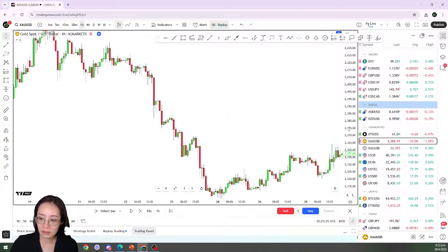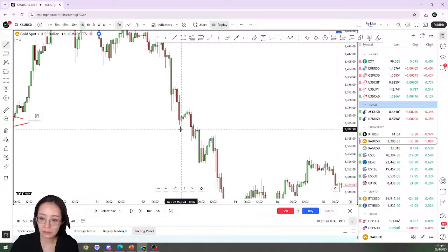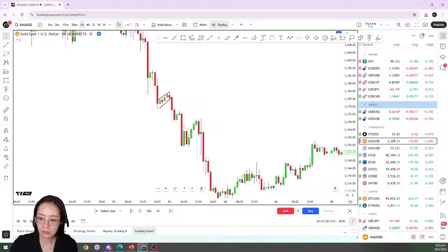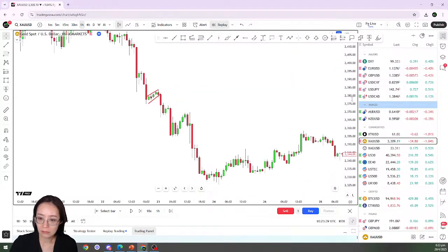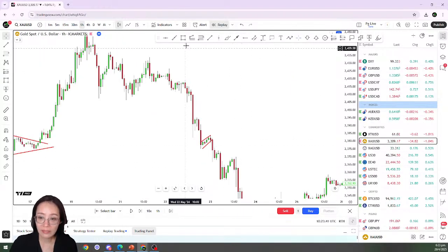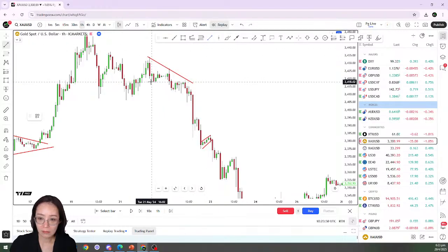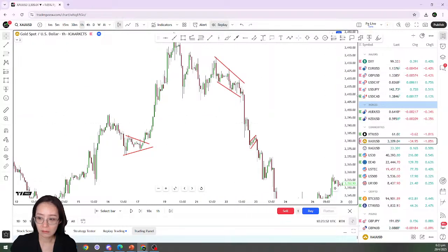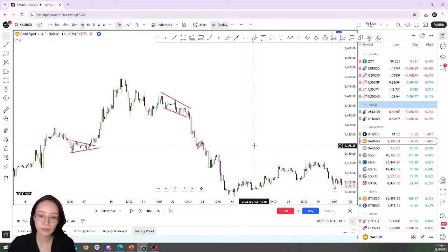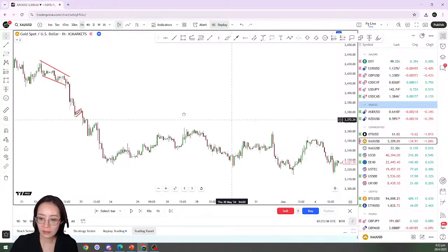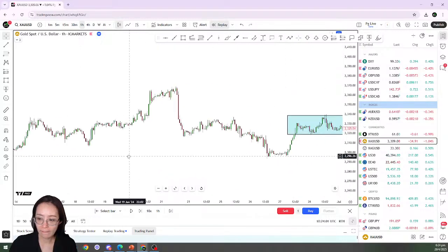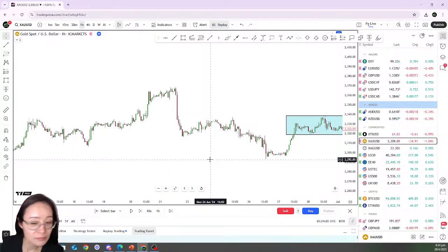This also looks like a flag. Okay, here. Something like that, guys. This kind of pattern. Sideways. That's all. It looks like that.